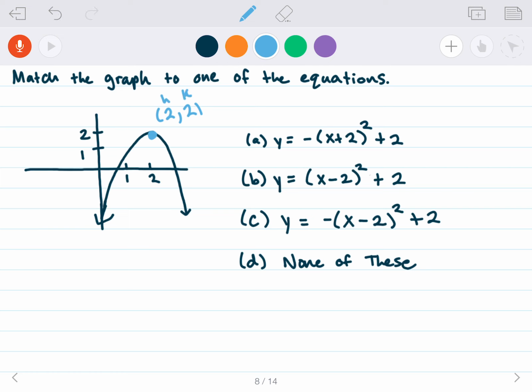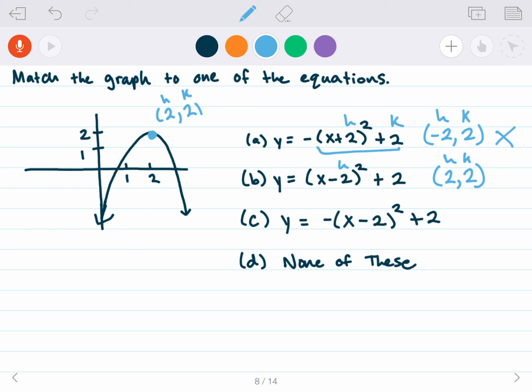And we can see from this first equation that h is negative 2, right? It's the opposite of what you think for h, and k is positive 2. And this doesn't match. They need to both be positive 2, so that's not it. If we look at choice B, h is positive 2, and k is also positive 2. So that looks promising.